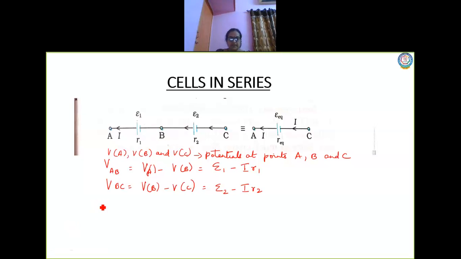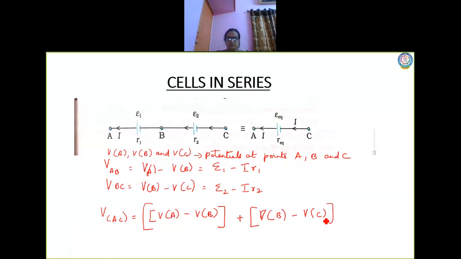So, V of AC is equal to, I will combine this, let me put a bracket, V of A minus V of B, so this is for the first cell, plus for the second cell it is V of B minus V of C. Okay, so this is the combination.